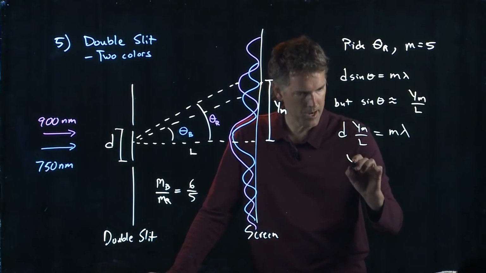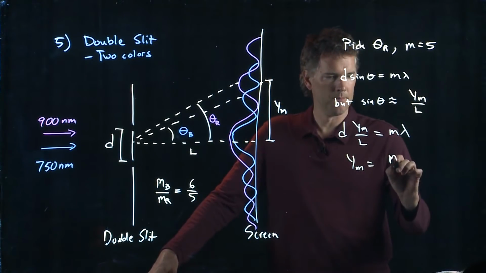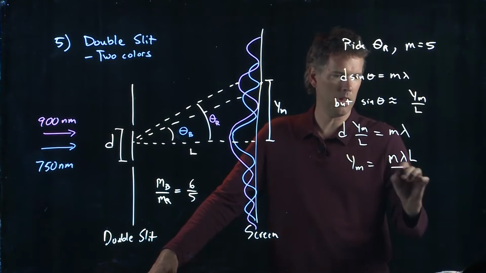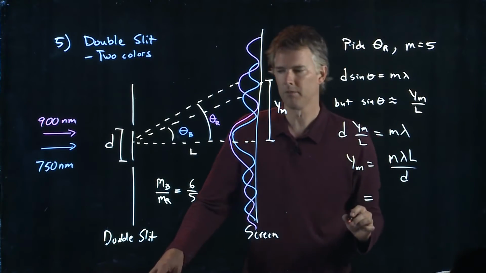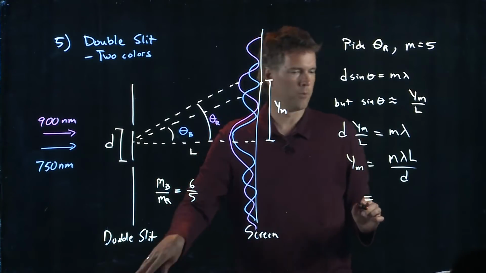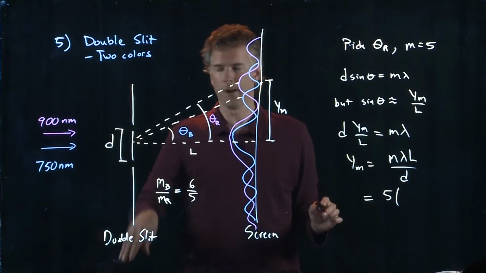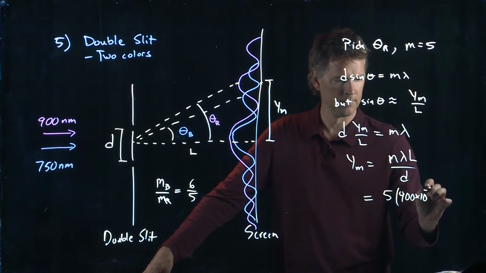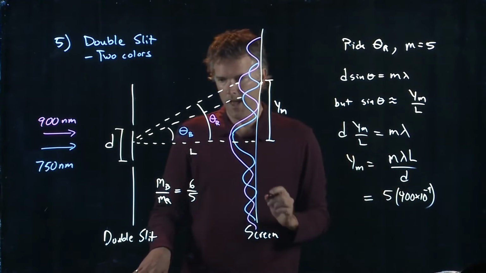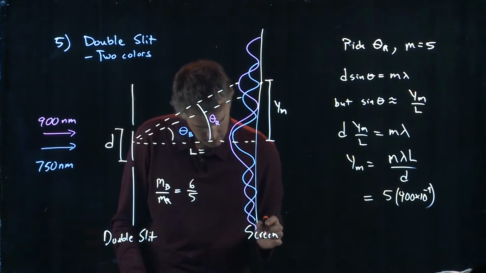And now we can solve for y m. Y sub m is equal to m lambda L all over d. And now we have all those numbers. We know that m for the red one is 5. We know that lambda for the red one is 900 nanometers. We know L, they gave that to us. L was 2 meters.